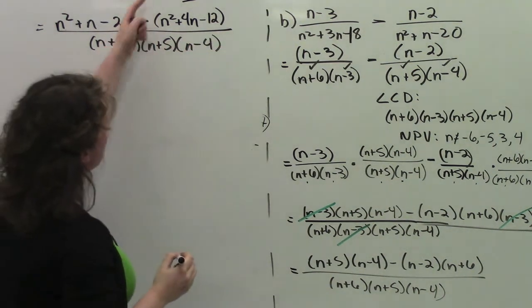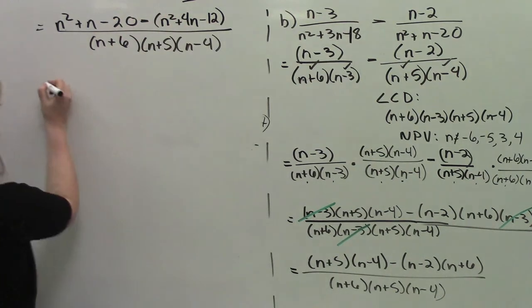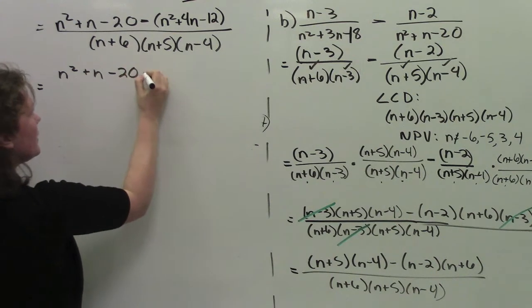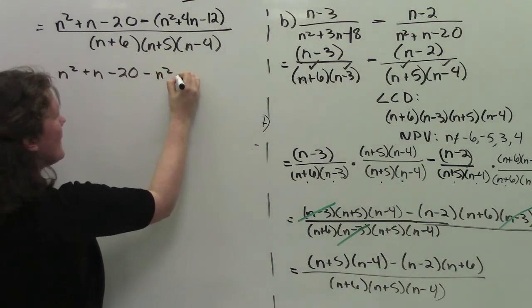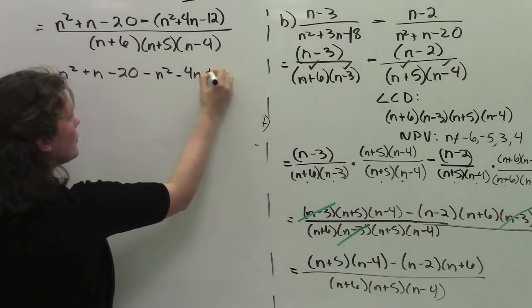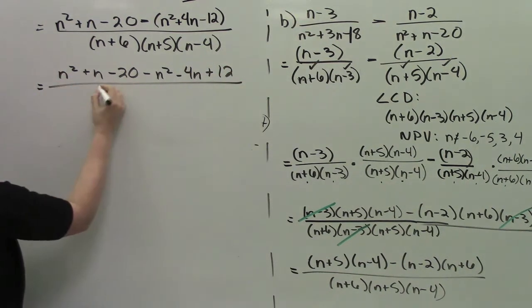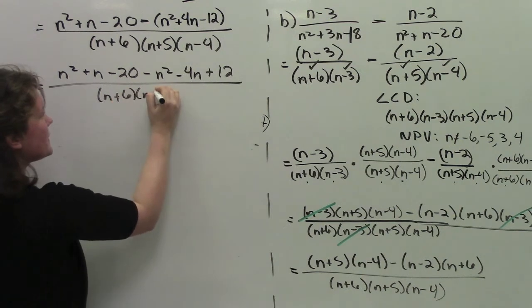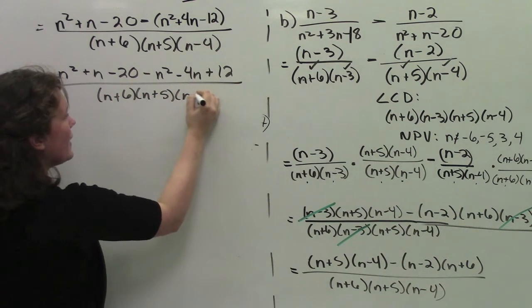So I'm going to distribute that negative to all three terms. n squared plus n minus 20 minus n squared minus 4n plus 12 all over n plus 6, n plus 5, and n minus 4.